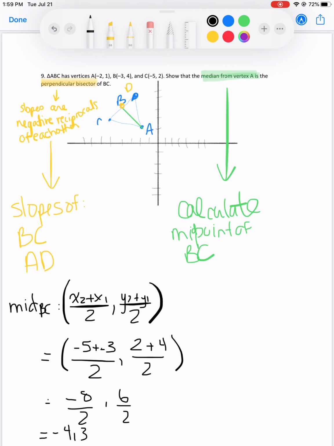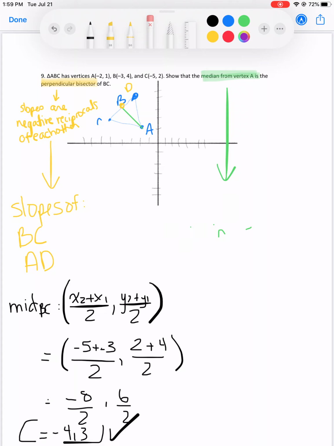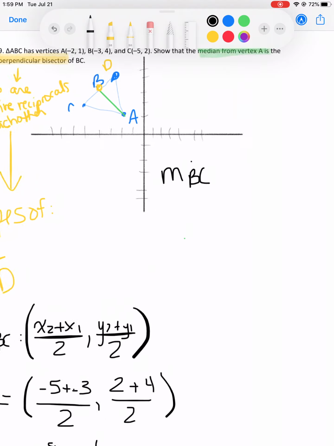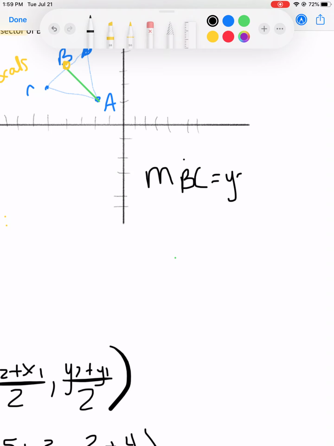Now what I have to do is find the slope of both those lines. So I'm going to erase this because I want that space. Okay, so first I'm going to do the slope of BC.